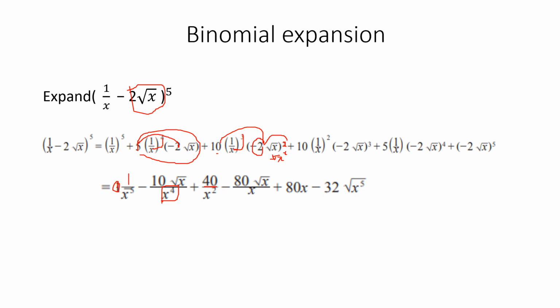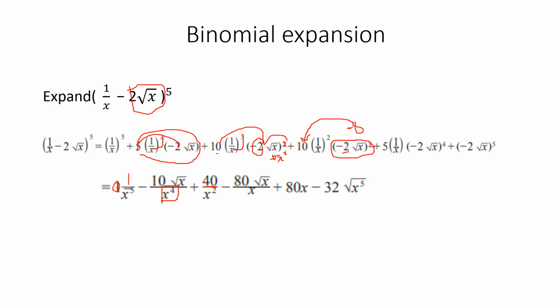So we come here, we have the second term being raised to exponent 3. So negative 2 exponent 3 is going to give us negative 8, right? So we use this negative 8 to multiply the 10 here, so negative 8 multiplied by 10 will give us negative 80. Good.